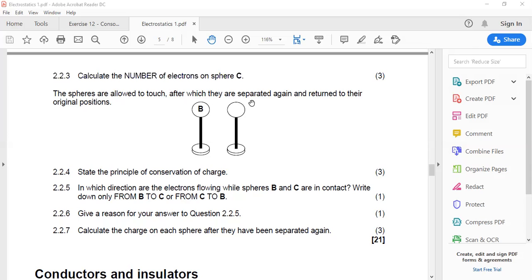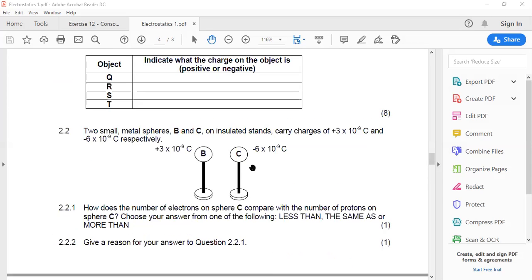There are more electrons here since it is negatively charged, and this one is positively charged, which means there are more protons than electrons. So here there's a deficiency of electrons and here there's an excess of electrons. Your answer is going to be from C to B. Electrons move from the one that is more negative to the one that is more positive.